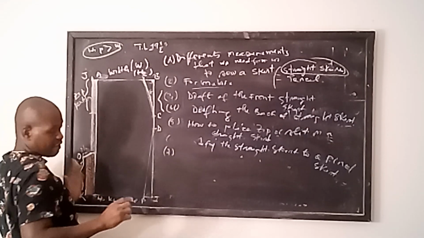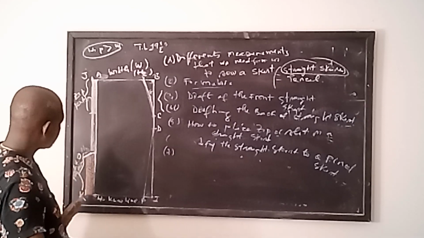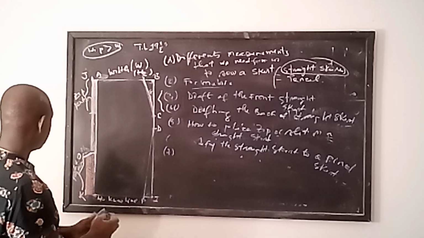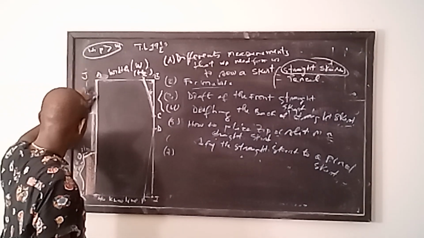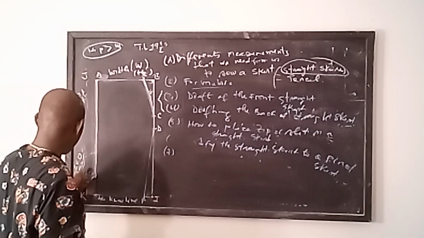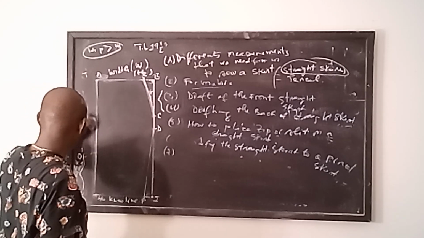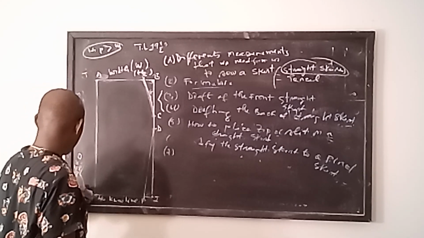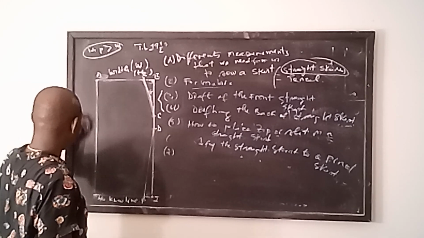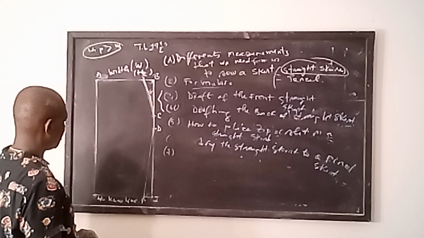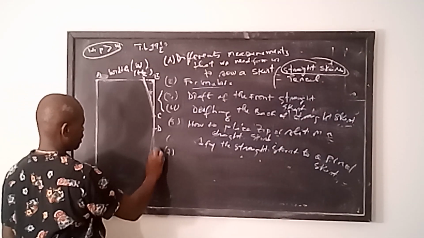We'll be doing the front first. I don't want you to consider this one, so let me just clean it so that I make no confusion to people. I just want to clean the back. This is the back part I'm cleaning. So we will be remaining with the front. I can also clean here.